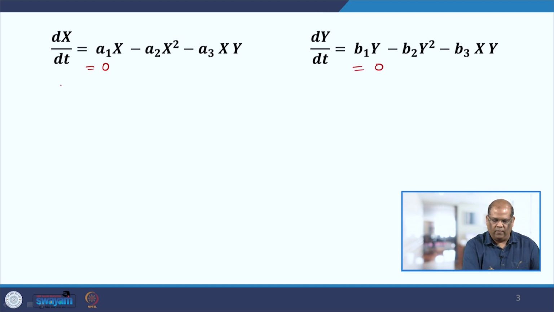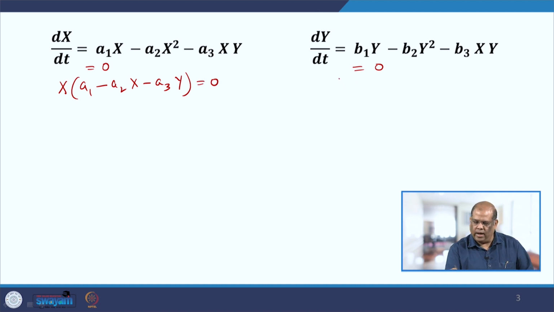So, I take x common: x times (a1 minus a2 x minus a3 y) equals 0, and on this side I take y common: y times (b1 minus b2 y minus b3 x) equals 0.